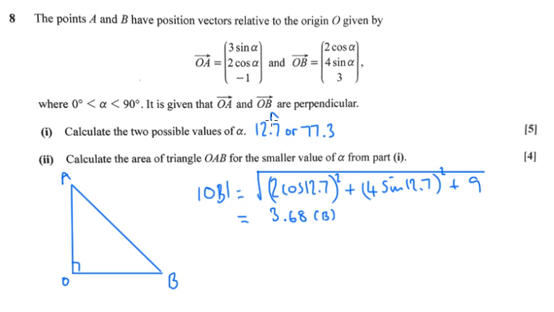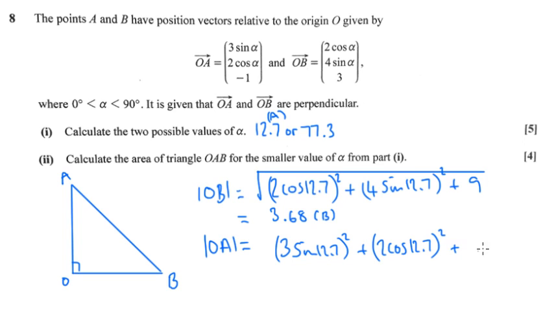So this is saved into memory A, and I've got 3.68 saved into memory B. I'm going to do the same thing with O to A, and that's going to be 3 sine 12.7 all squared plus 2 cos 12.7 all squared plus negative 1 squared, which is 1.